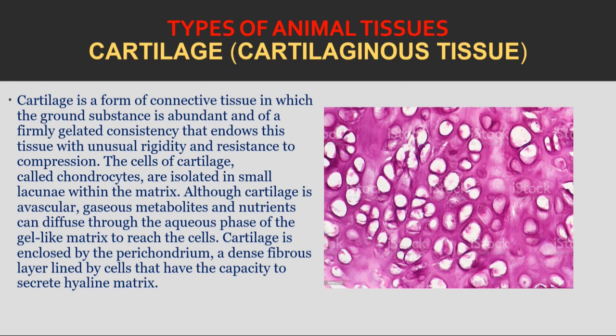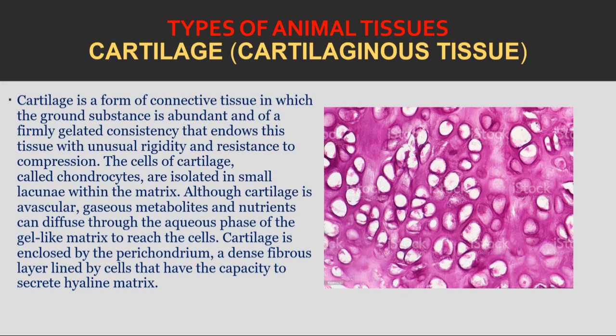Cartilage is a form of connective tissue in which the ground substance is abundant and of a firmly gelated consistency that endows this tissue with unusual rigidity and resistance to compression.